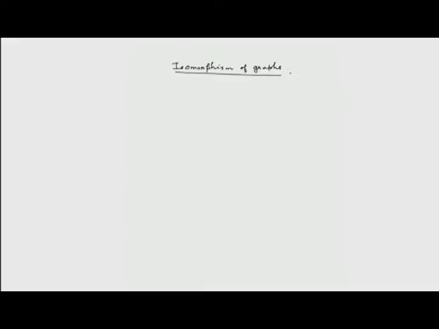Now, we have already seen that a graph G is an ordered pair of sets V and E, where V is called the set of vertices and E the set of edges.